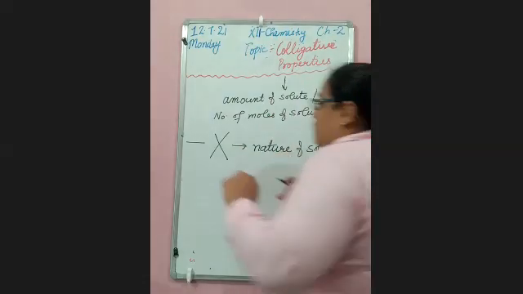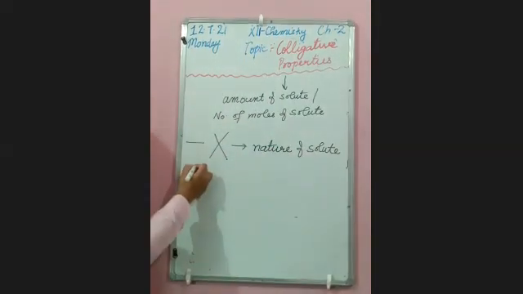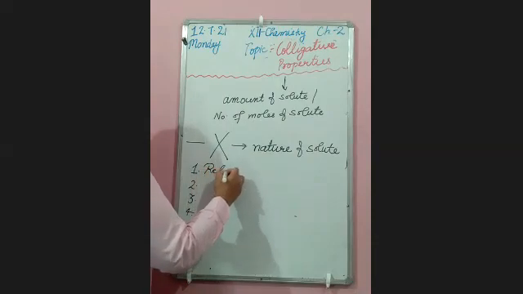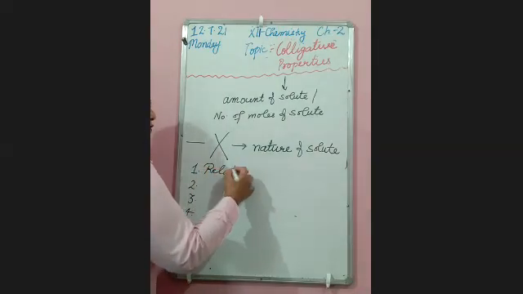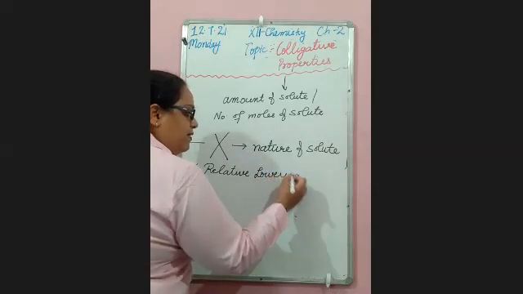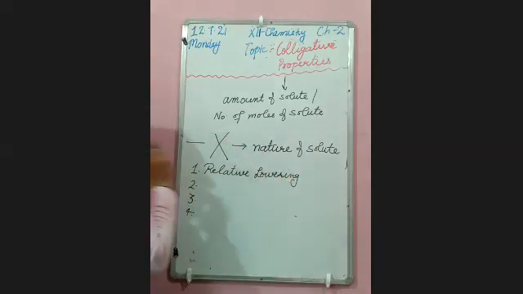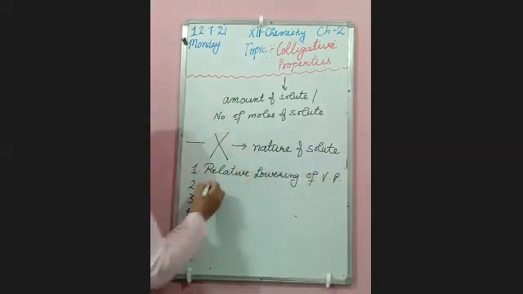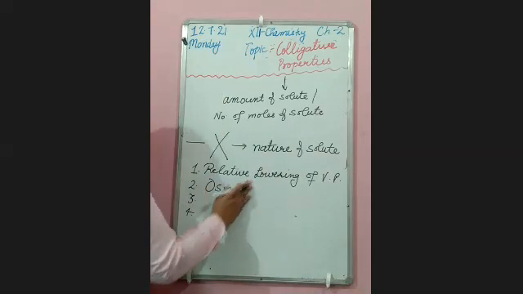Fine. We have to discuss 4 colligative properties. The first one is your relative lowering of vapor pressure. You have an idea about it because in Raoult's law we have discussed it. Second is your osmotic pressure.